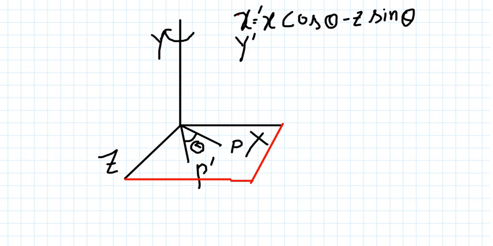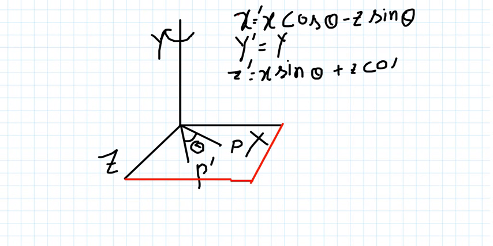For y dash, there will be no change in y coordinate values, and z dash equals x sin theta plus z cos theta.